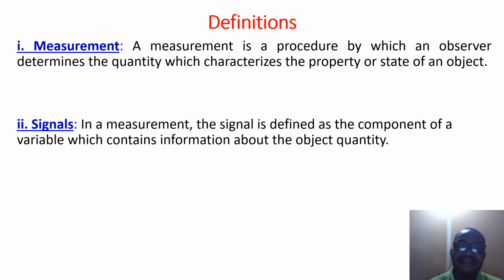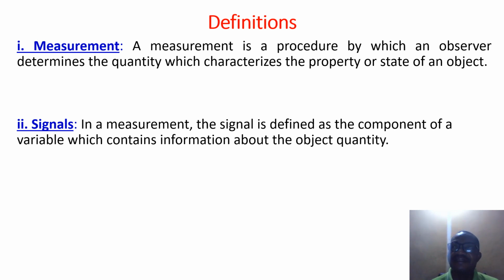Let's also look at some other basic definitions. One, measurement. What is the meaning of measurement? A measurement is a procedure that makes it possible for an observer to determine the quantity that is to be measured or that characterizes a property.